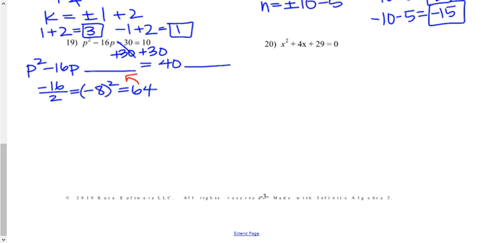This is what goes here and here now. So I'm adding 64 to both sides. Don't forget, you will always get a positive number when you square something, so you should never have minus in that blank. It should always be a plus something. My left side is going to turn into a binomial squared, and my right side becomes 104.